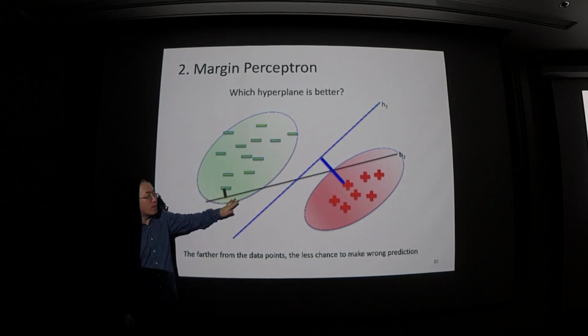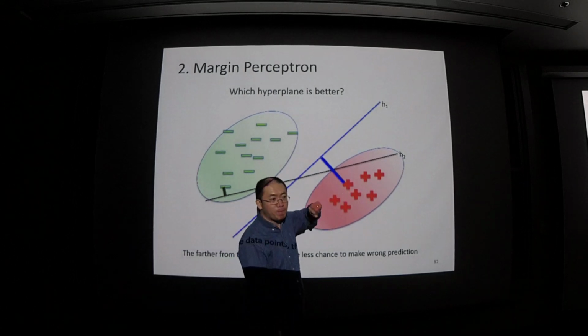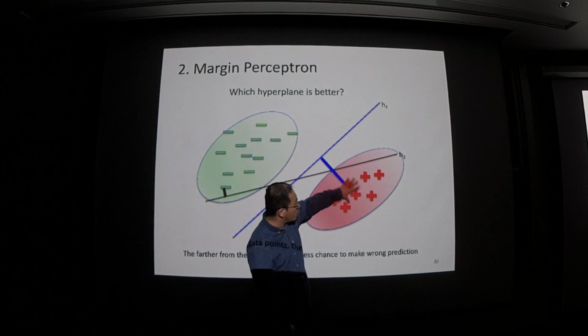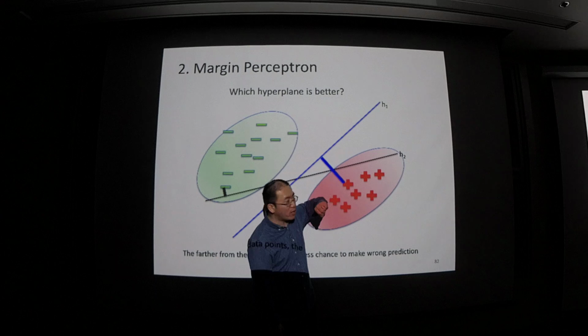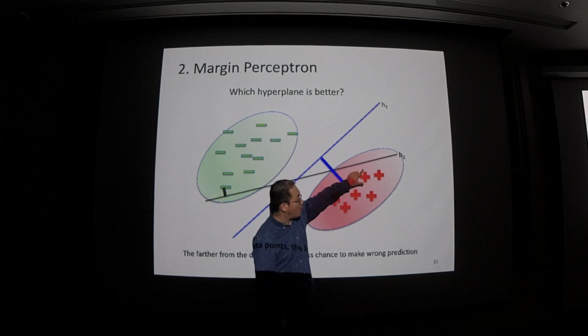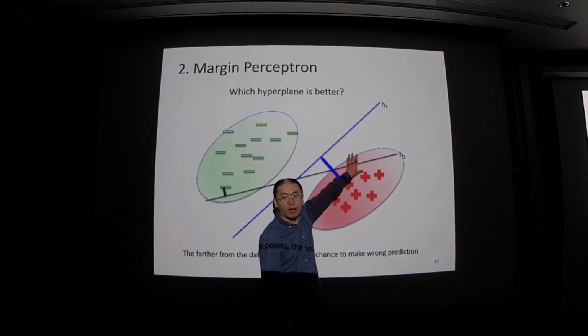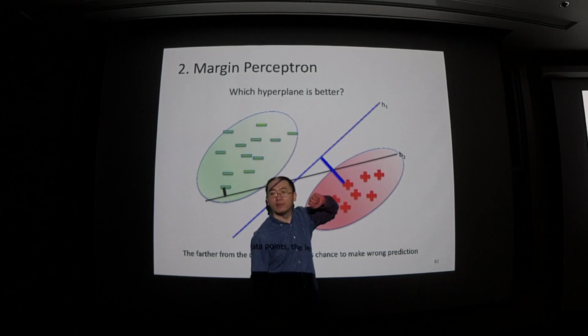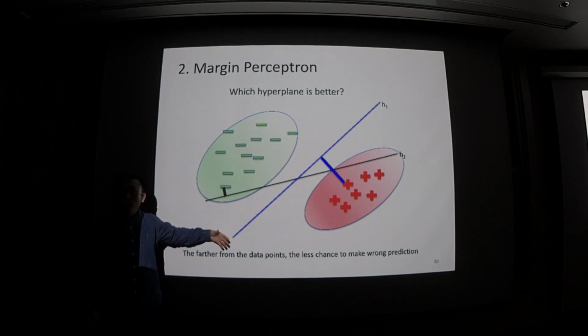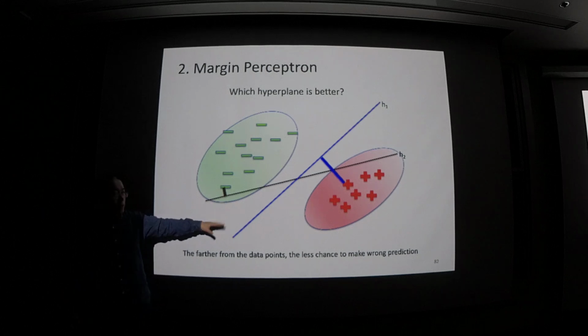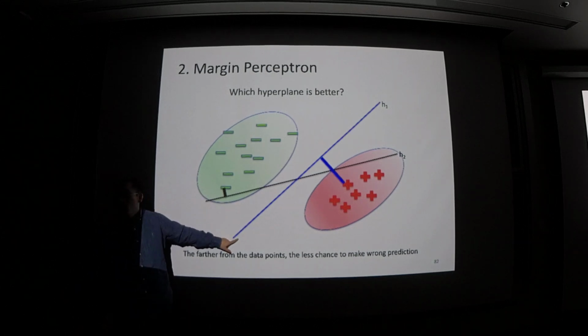Similar things apply for the positive examples. If you're too close to those high density regions, you have a high chance of having positive examples on both sides of the boundary, which means you're likely to make a lot of mistakes. That's why we always choose the separating hyperplane with a large margin, because it is far away from high density regions. It's unlikely that positive examples will show up here.